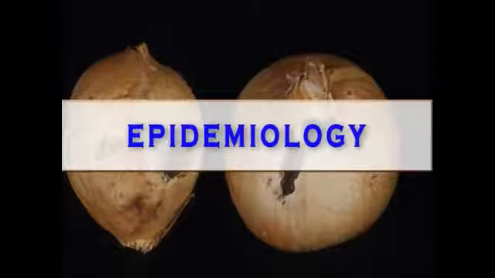Under warm, wet conditions, this fungus can cause damping off and leaf spotting. Let's see about the epidemiology of the disease. The fungus can overwinter in the soil and can be introduced on infected bulbs.